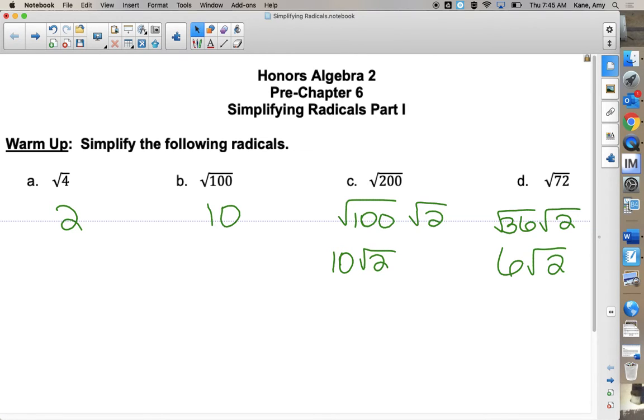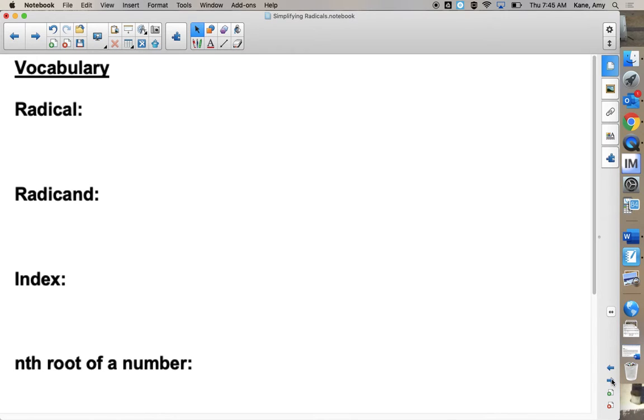So there's a couple vocab terms underneath, and then a little chart down below that kind of gives us properties to simplify radicals. And we're just going to work through some examples. But a radical doesn't just have to be a square root.